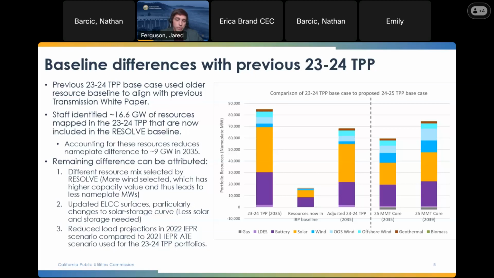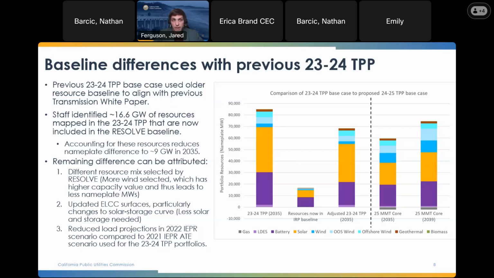So the previous 23-24 TPP case used an older baseline that was mostly designed to align with the previous transmission white paper. So that portfolio had a lot of resources included in it that were already online or almost online by the time that portfolio was transmitted to the ISO.